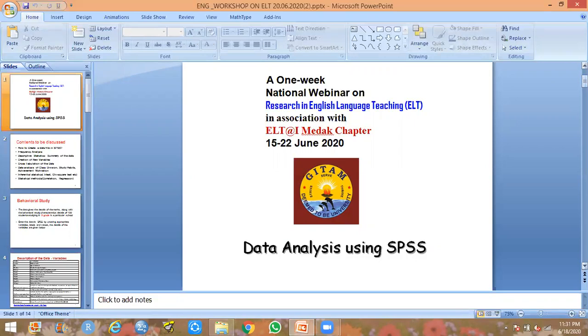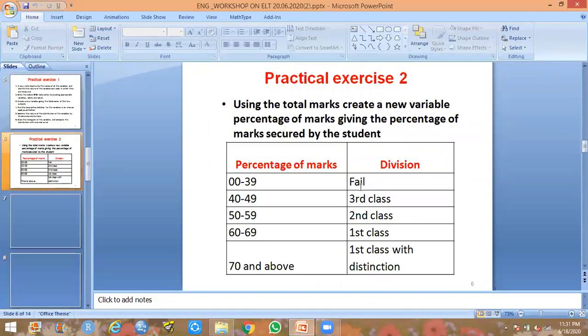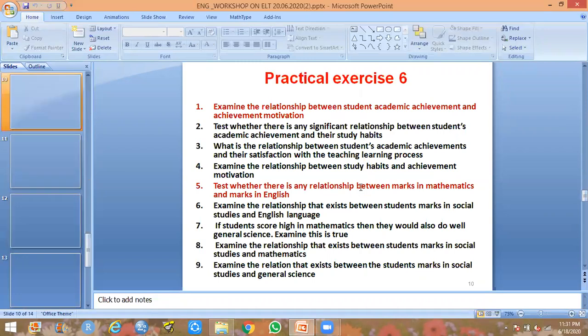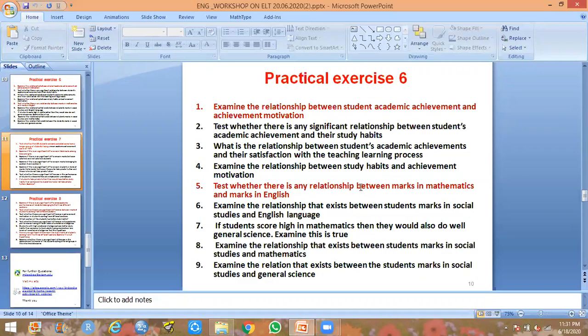For the same data set, we mimic our data by using some statistical methods or inferential statistic tools with SPSS. Now we are taking one practical exercise.